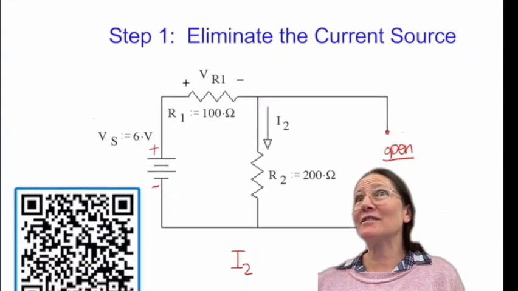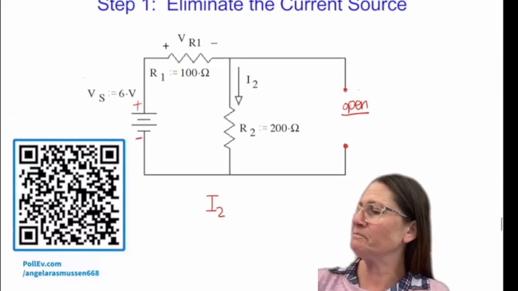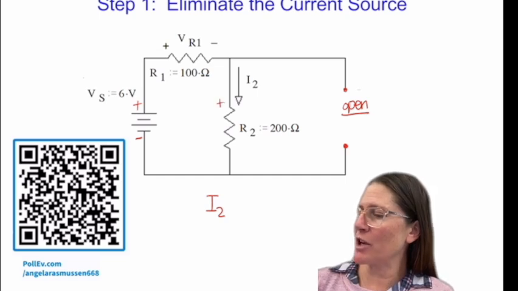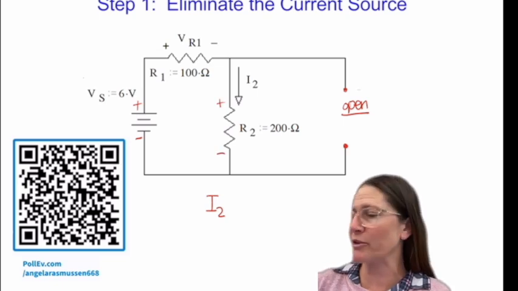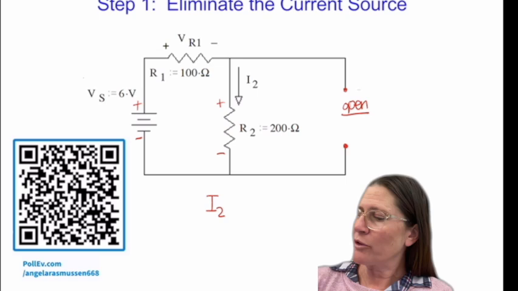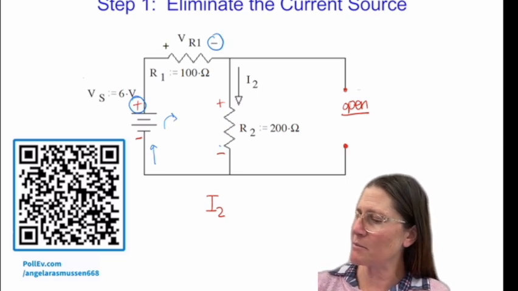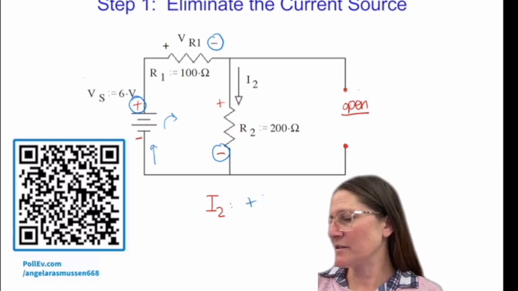Okay, correct. It is 20 milliamps. So going through here, I'm going to make sure that I label this one because it wasn't labeled. The same current's going through that resistor. So if I take my pathway around that way, it's going to be a plus, minus, minus. So plus 6, minus.